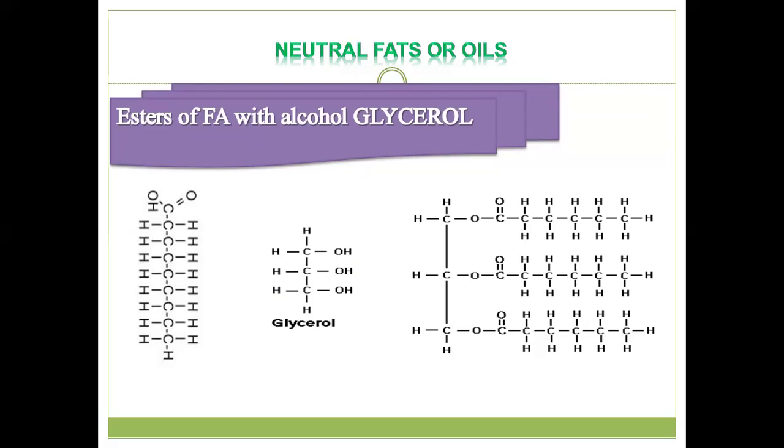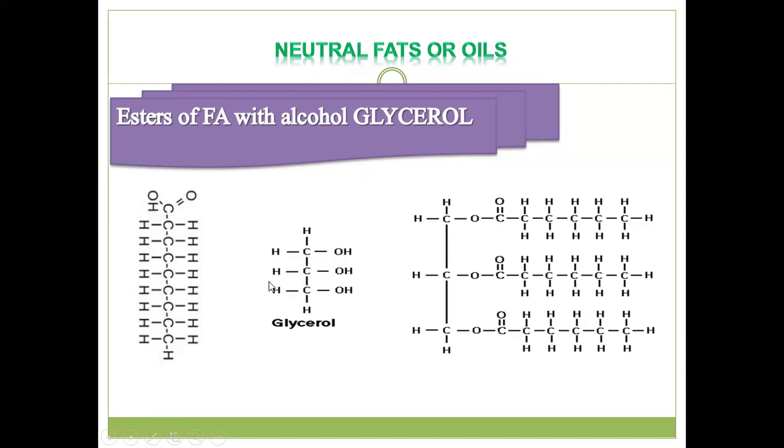We can see the structure of a fatty acid on our left. This is a typical structure of a fatty acid, where we have a hydrocarbon and a carboxyl group. Next to it, we have the structure of glycerol, an alcohol. It is a 3-carbon molecule with three OH groups, one OH group on each carbon: carbon 1, carbon 2, and carbon 3.